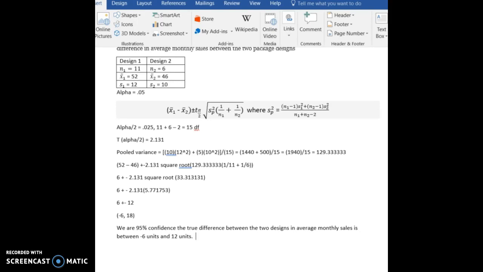And when we do our hypothesis test, we'll find out that we are unable to reject the null hypothesis that there's no difference. We can see that here by looking at the fact that 0 difference, 0 units, is actually in that confidence interval.